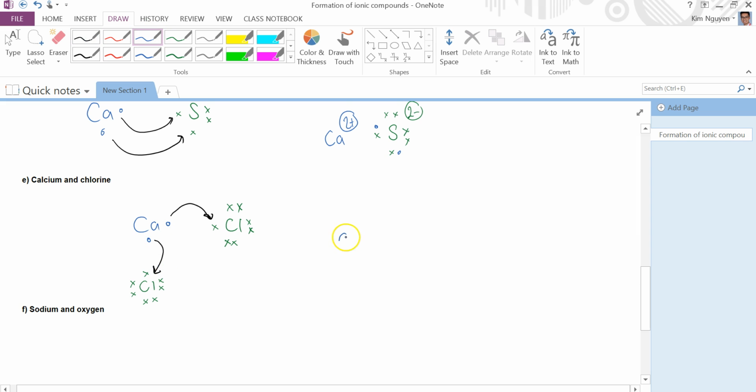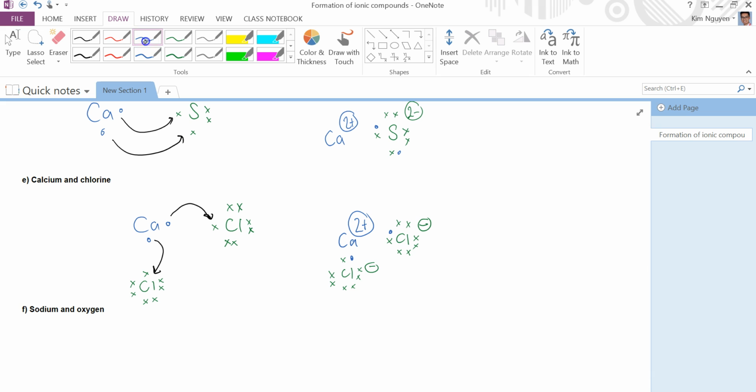And what do we get? Well, calcium 2 plus and its 2 plus charge is matched by 2 separate singly charged anions. So we've got chlorine here, and we've also got chlorine here.